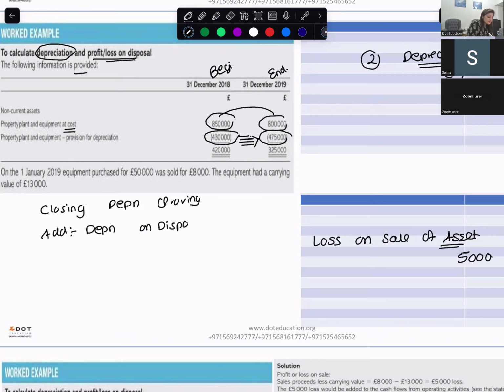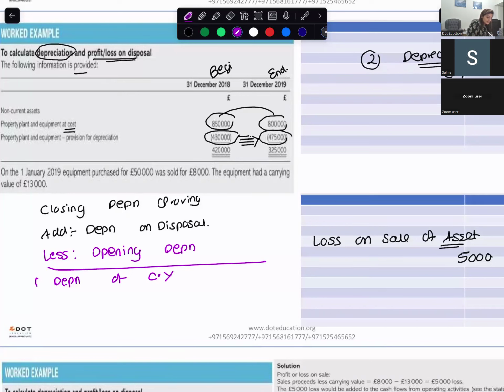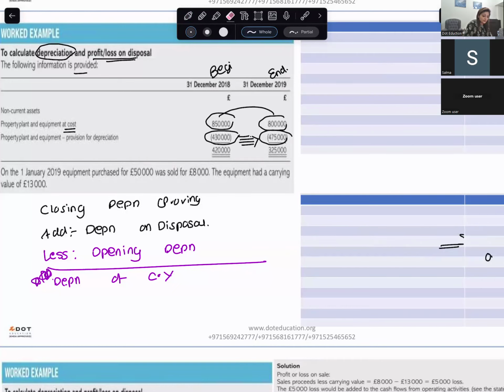The asset that you sold, that depreciation you will add. From that, you will subtract opening depreciation. You will get depreciation of the current year. You want this figure. You need to memorize this format, put it in your notes. Your main target is to calculate the depreciation of the current year.